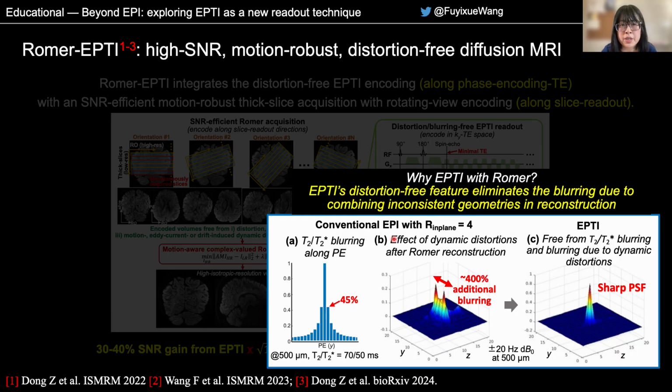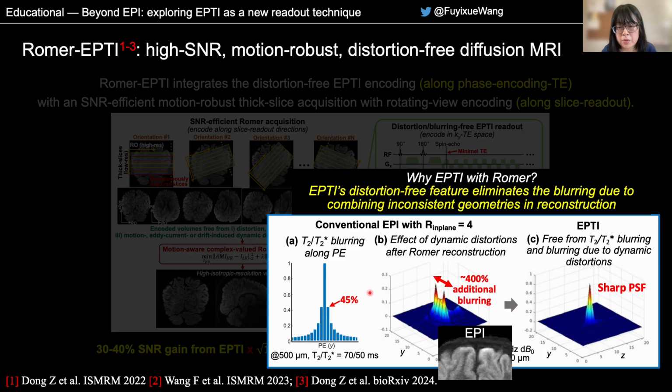If we use an EPI readout here, in addition to the T2 or T2 star blurring along the phase encoding direction, the spatially encoded volumes will have geometric differences due to motion, eddy current, or field drift related field changes. So if we combine these spatially encoded volumes to reconstruct a high resolution volume, it can cause additional detrimental blurring.